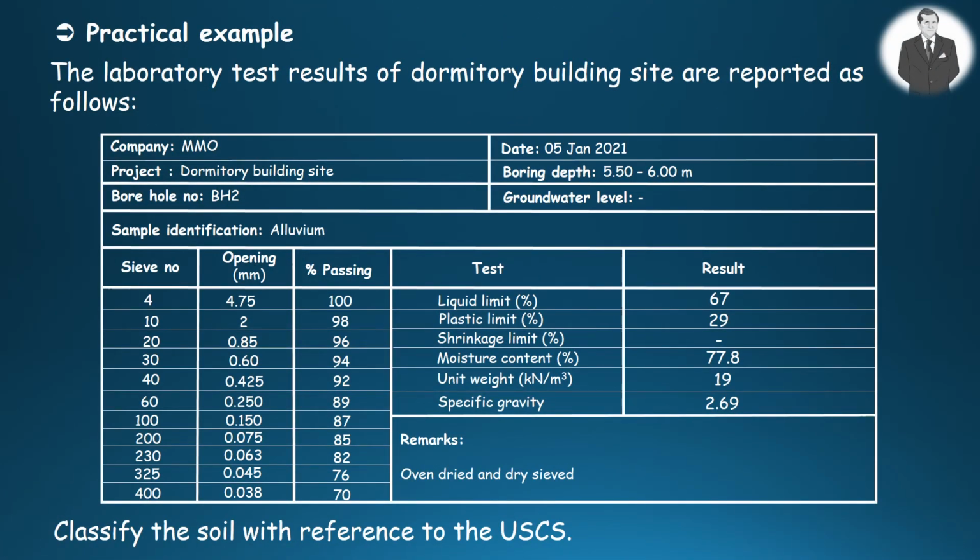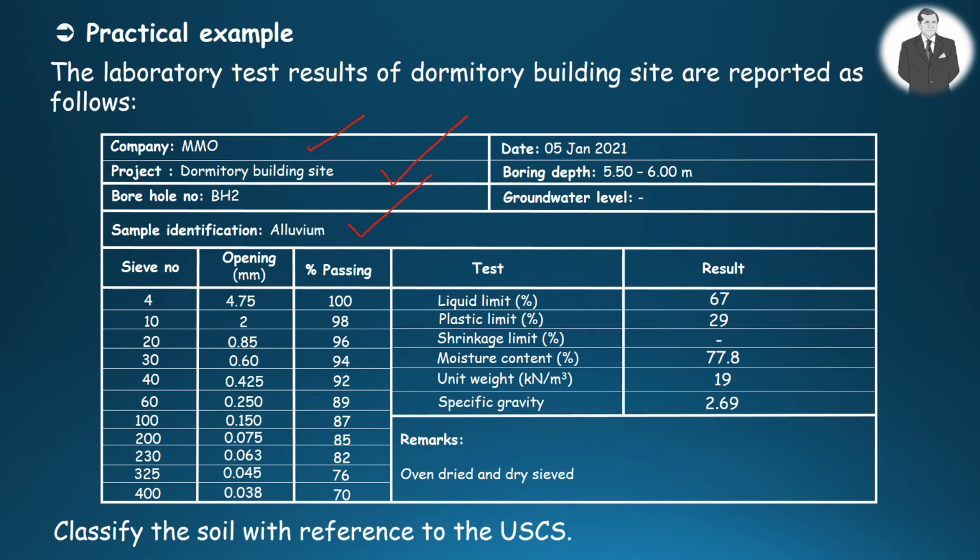Here you have a practical example to better understand the procedure for the Unified Soil Classification System. The laboratory test results of a dormitory building site are reported as follows. In the table, you have information about company, boring, as well as sample identification.